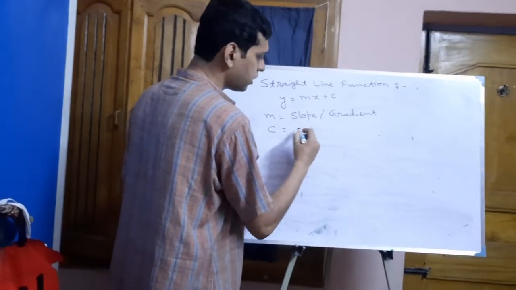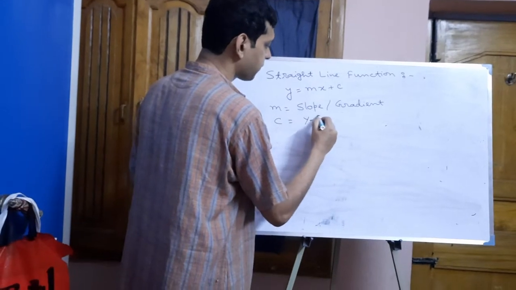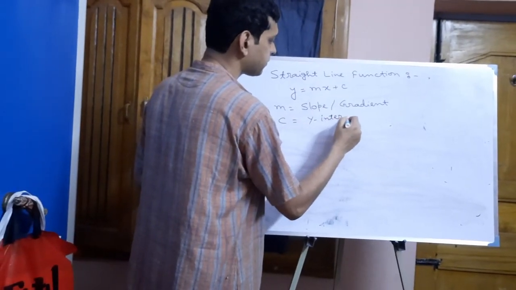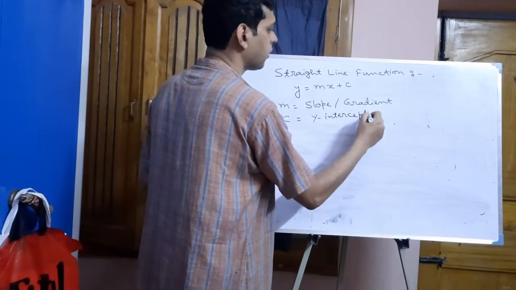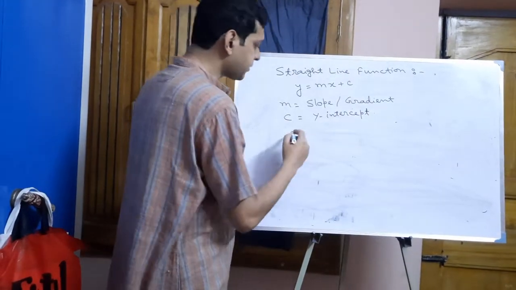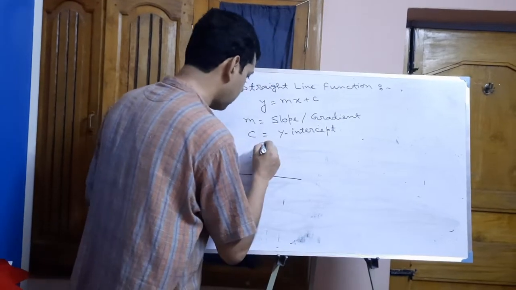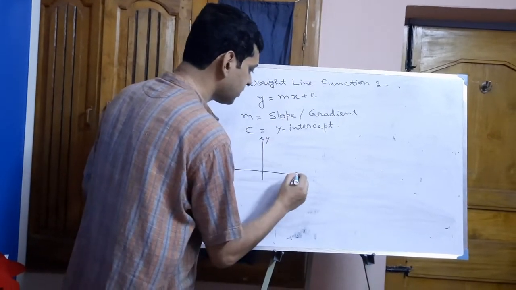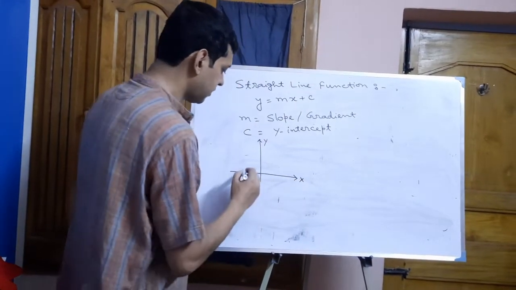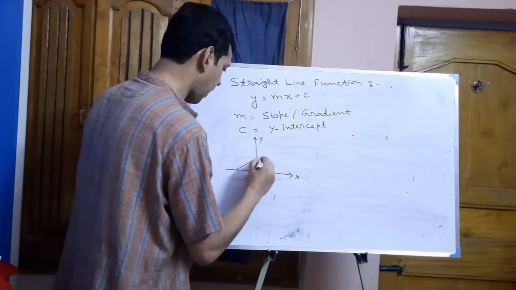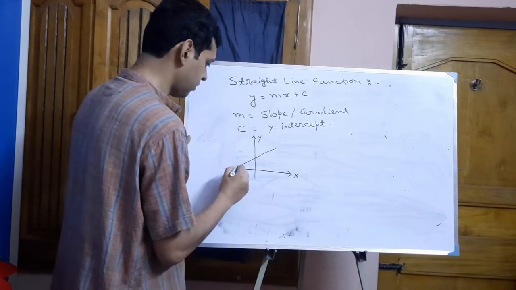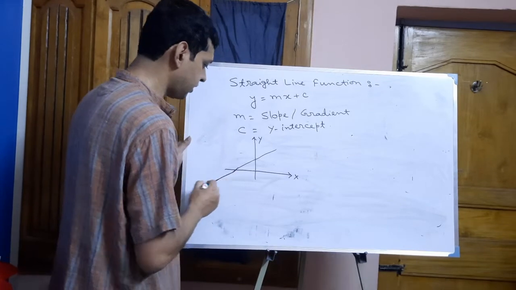C equal to the y-intercept. Now let us take one example. This is the y-axis, this is the x-axis. Now say this is the straight line.